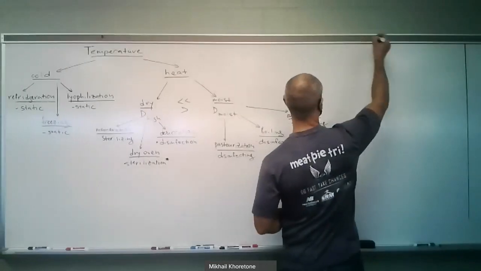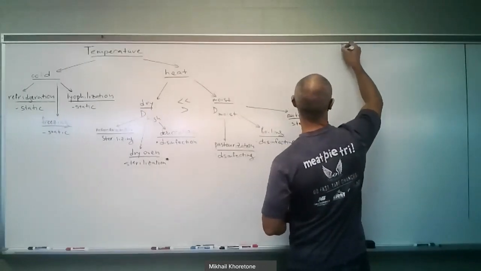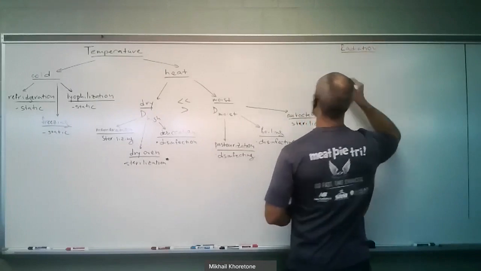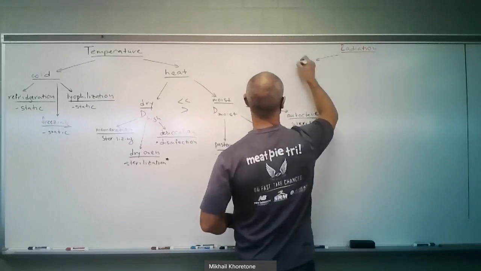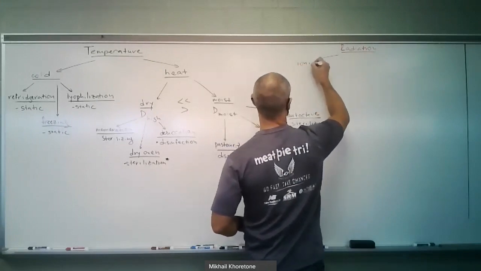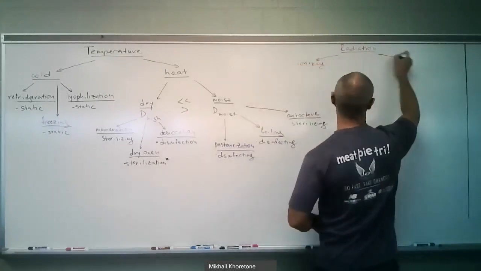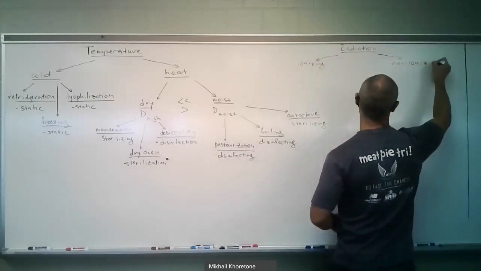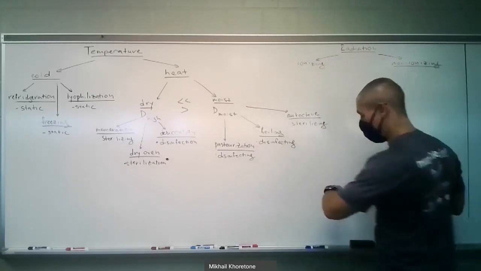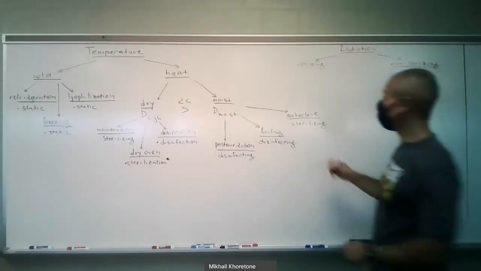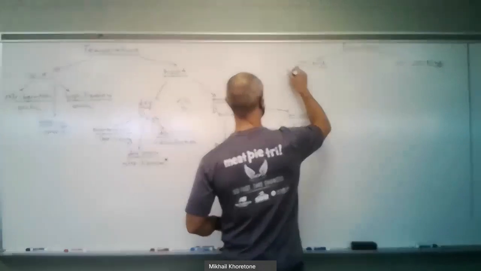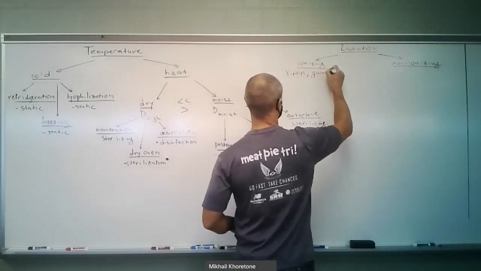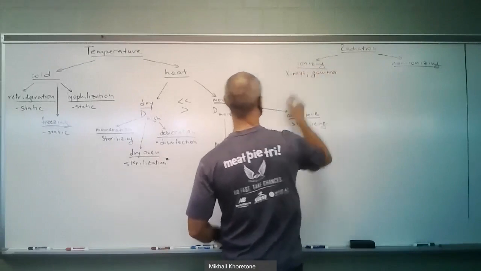Okay, radiation control methods. Radiation can be ionizing and non-ionizing. Okay, so ionizing radiation, X-rays, gamma rays.